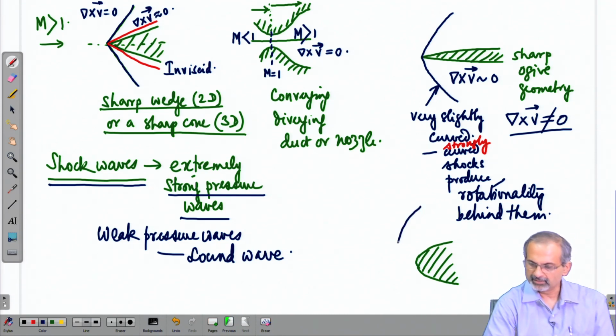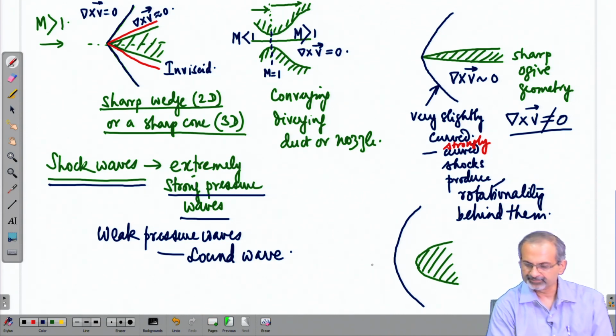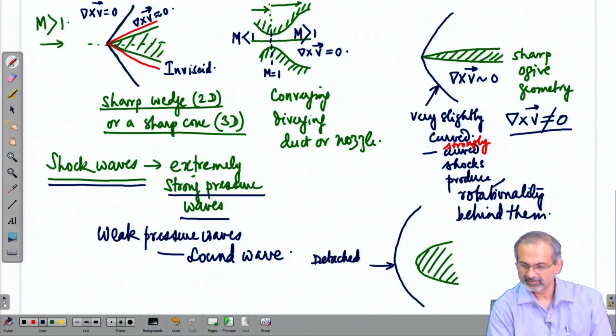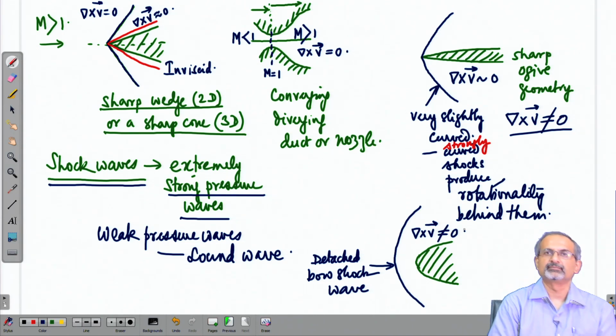The shock will be thrown away some distance upstream of the body. So, this is what is called a detached bow shock wave, which is highly curved, and the flow behind the shock is highly rotational.